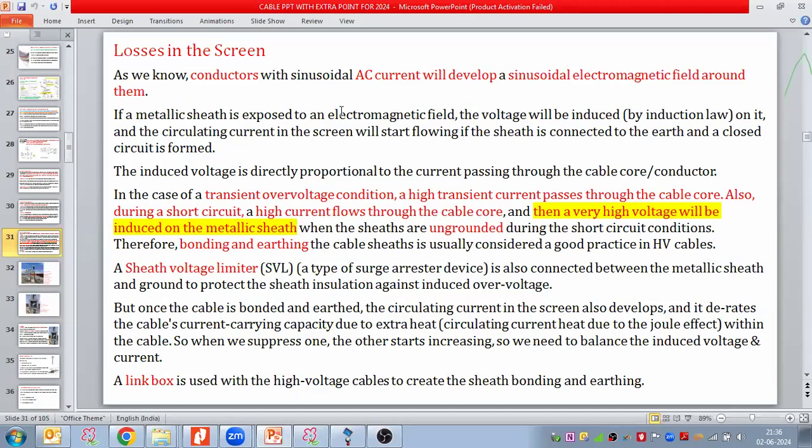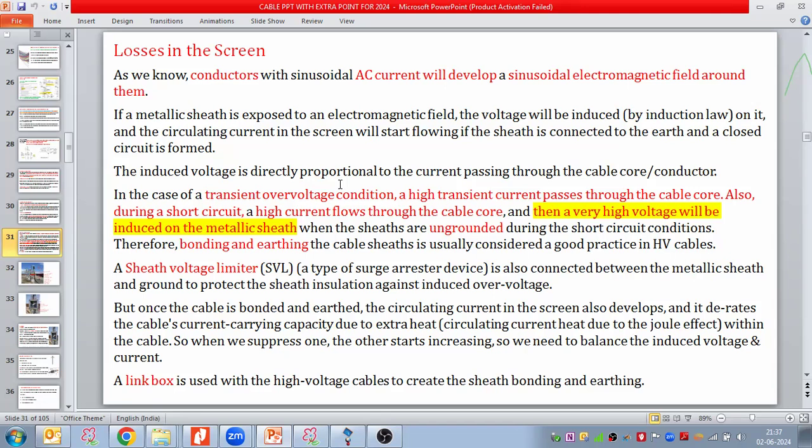Statement number two: if a metallic sheath is exposed to an electromagnetic field, voltage will be induced on the metallic sheath by Faraday's induction law, and a circulating current in the screen will start flowing if the sheath is connected to ground or earth, and a closed circuit is formed through the earth connections. Then circulating current flows. The induced voltage is directly proportional to the current passing through the cable core or conductor.